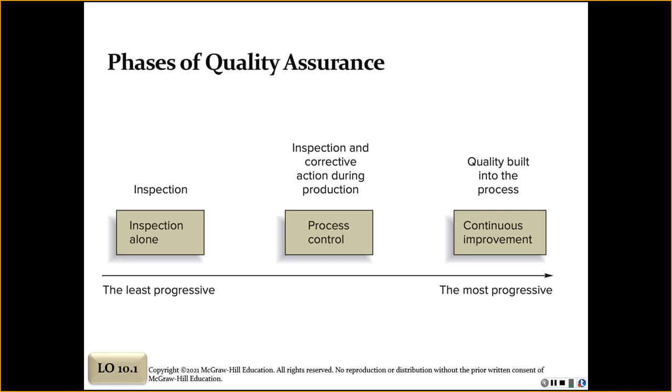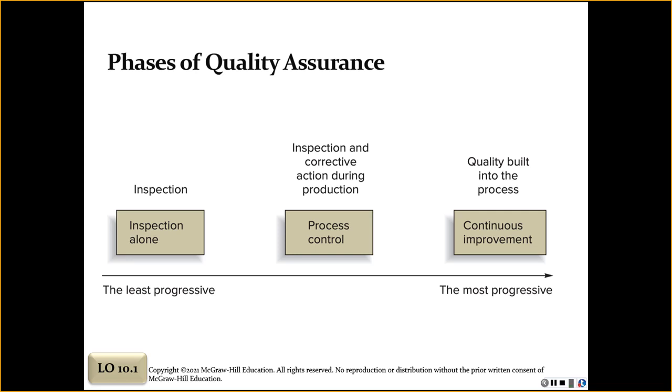When companies do inspections alone, as you can see on this phases of quality assurance, that's the least progressive way of doing it, and it's not always sufficient to achieve the level of quality.